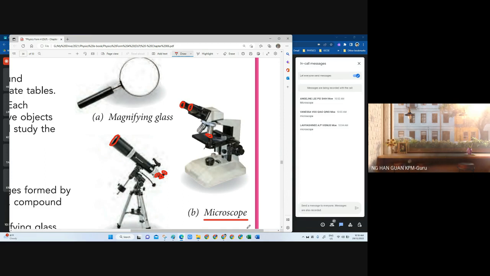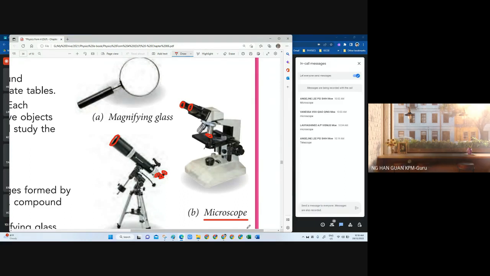Please respond to my question about the size of the lenses. Okay, thank you for responding.